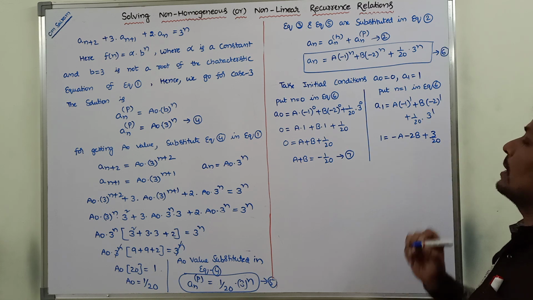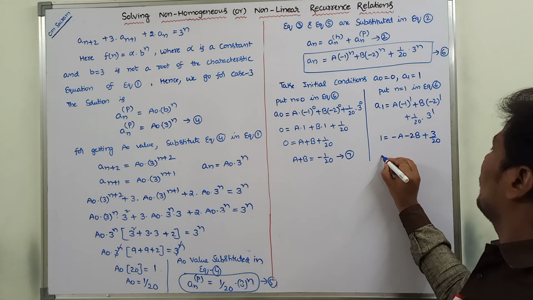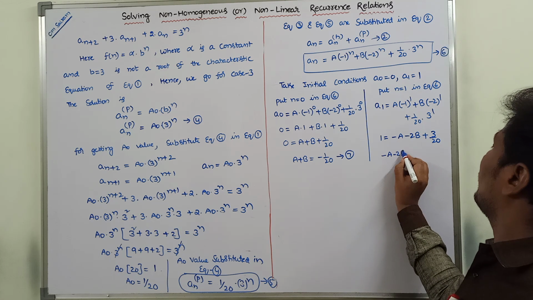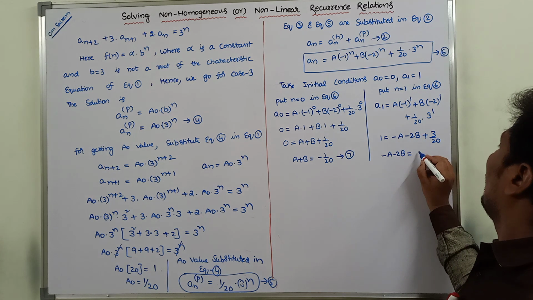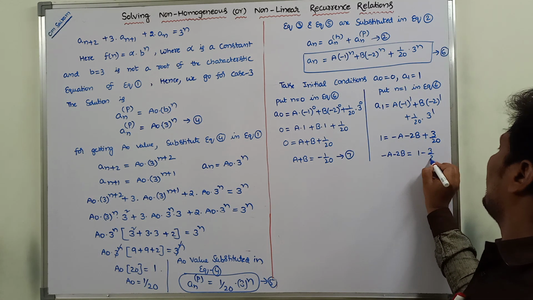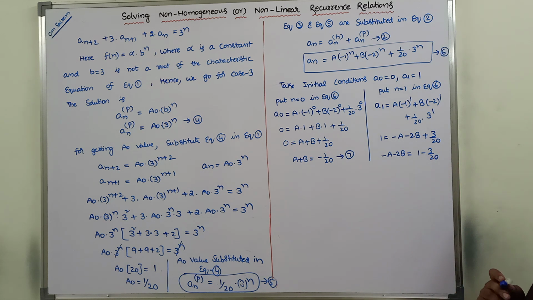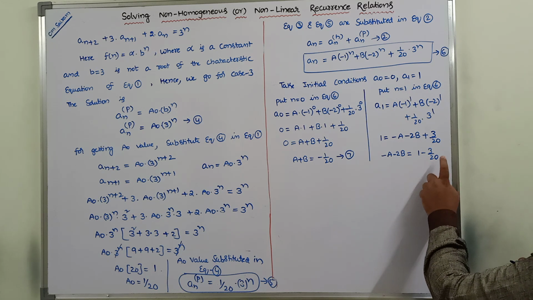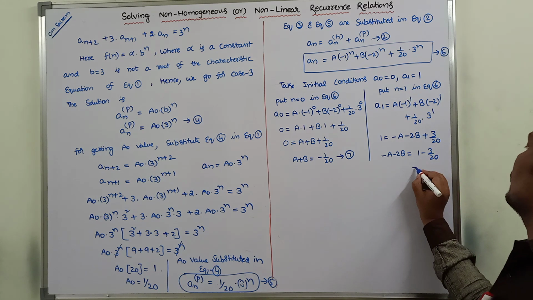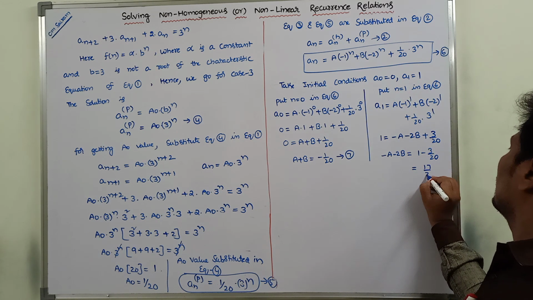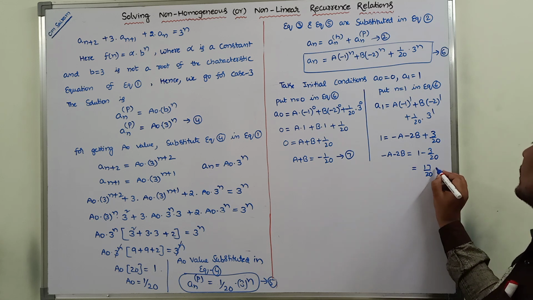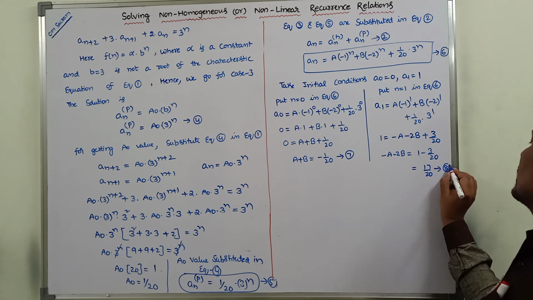Now minus a minus 2b is equal to 1 minus 3 by 20, since 3 power 1 is 3. So that is equal to 17 by 20. This is equation 8.